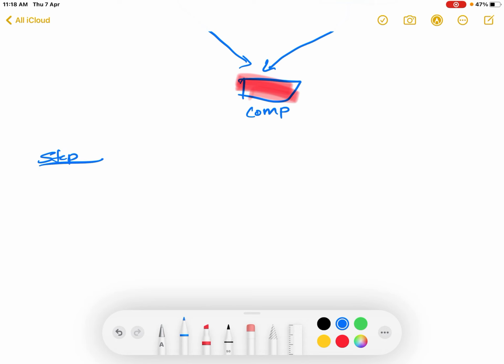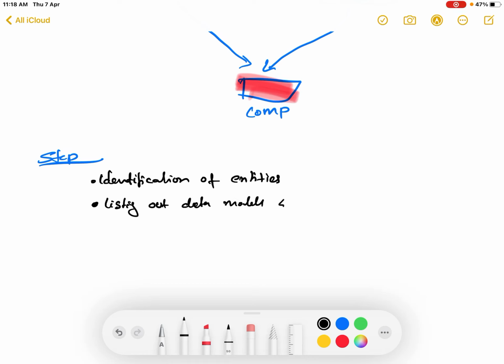In data modeling, there are mainly 3 steps. The first one is identification of entities, that is, the entities required for modeling are identified. Then you have to list out different data models and data structures.